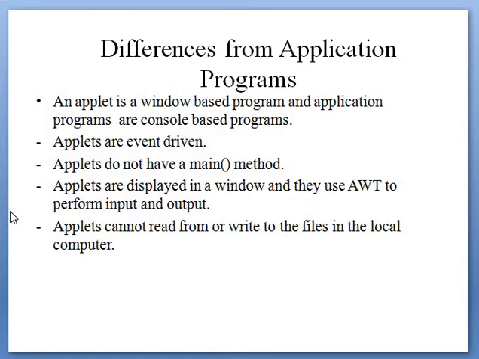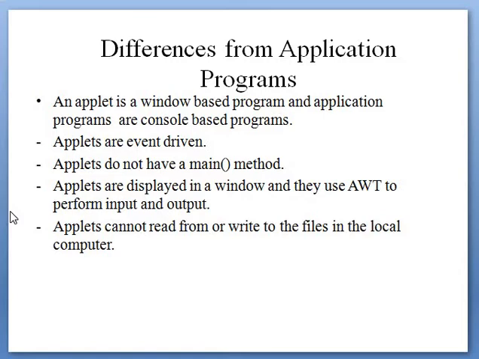First point, an applet is a window based program. That means an applet requires a separate window to display the output, either with the help of a browser or with the applet viewer. A new window is generated to display the applet program output.